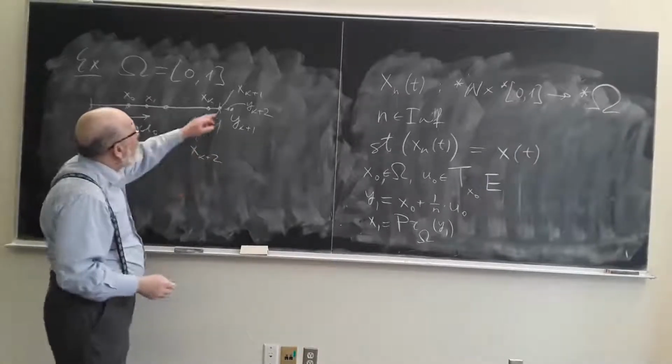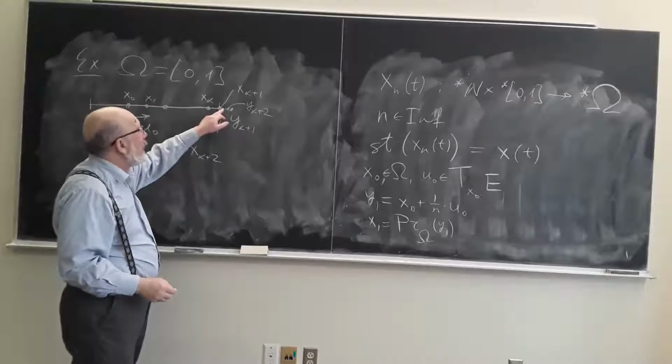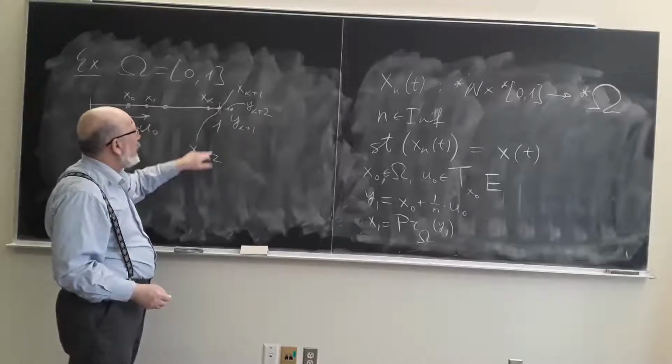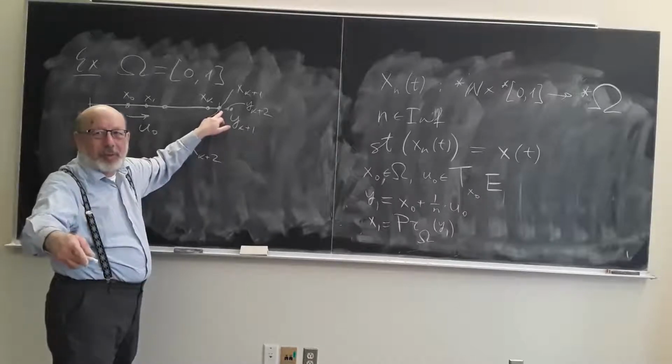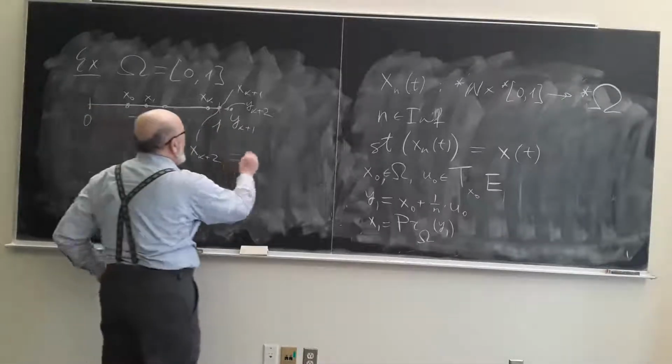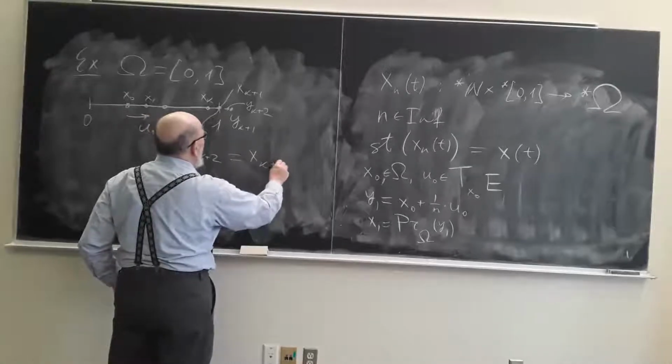So xk plus 1 is at the point 1, xk plus 2 at the same point 1. So all the further points will be at the same point.